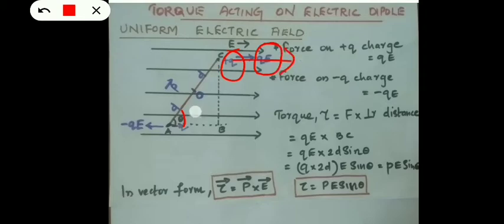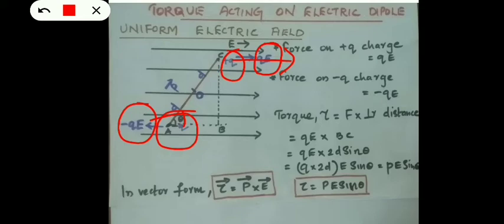Now here we have a minus q charge. This minus q charge is also placed in the same electric field. The electric field is uniform everywhere, so this minus q charge also experiences the same electrostatic force qE, but since it is a negative charge, the direction of force will be opposite to that of the plus q charge.